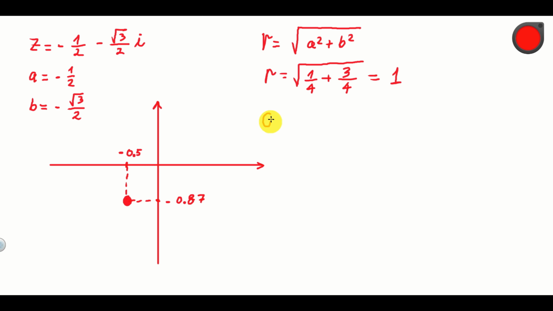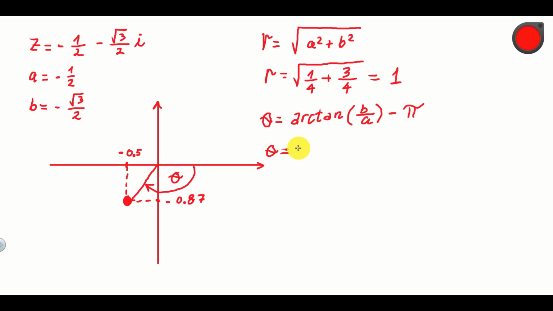How about theta? For theta, we need to apply the corresponding formula. Since z is in this quadrant, theta will be measured from here. And our theta becomes arctan of b over a minus pi. And let's substitute the values.